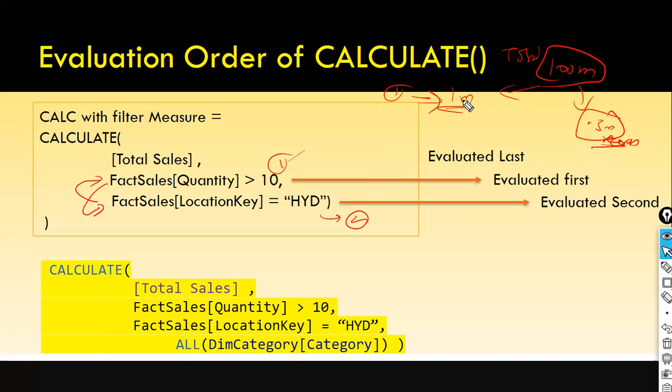So this is what you need to remember in your mind when you write an optimal DAX query. Remember this. It is evaluated this way, and if you write it blindly, it doesn't make sense. That is why understanding the evaluation order is very important.